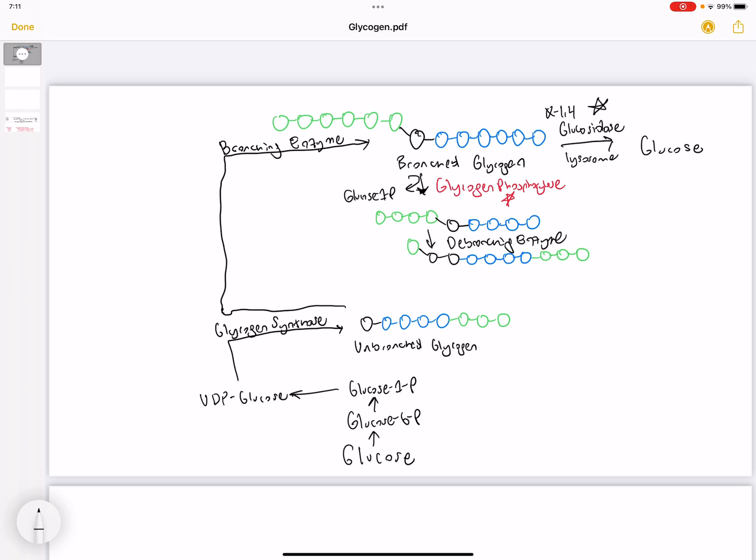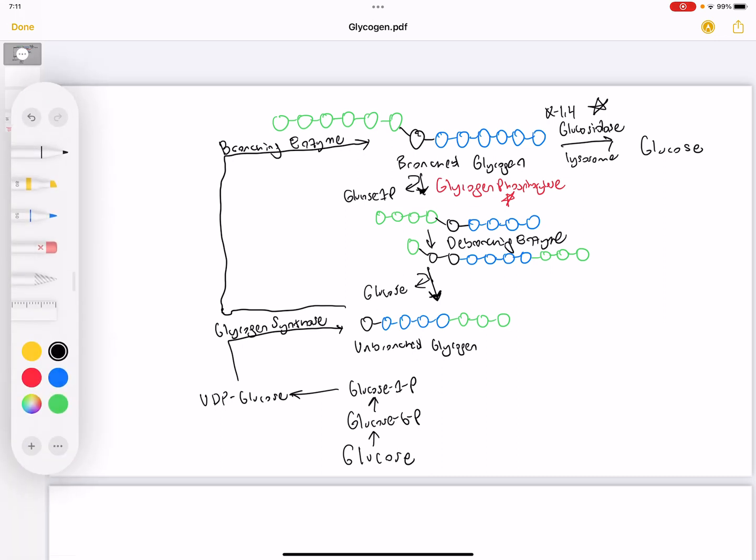Now there is going to be another debranching enzyme that is going to cleave this last glucose molecule and release it into the blood. And that is called alpha-1,6 glucosidase.